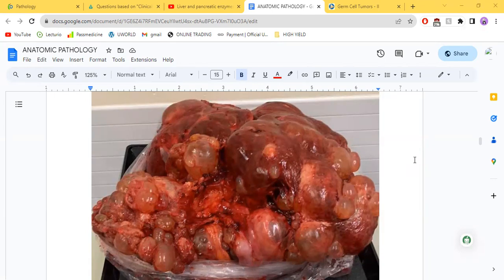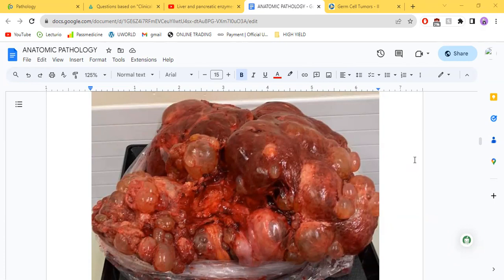Yeah. So what do we suspect this organ to be? Kidney? Any other choice? The liver.